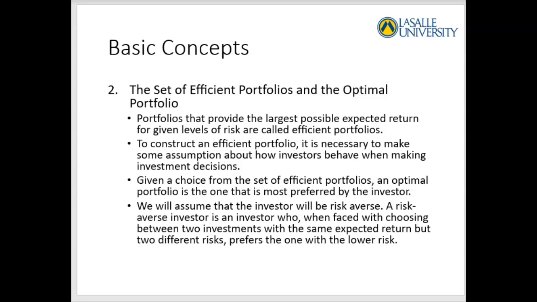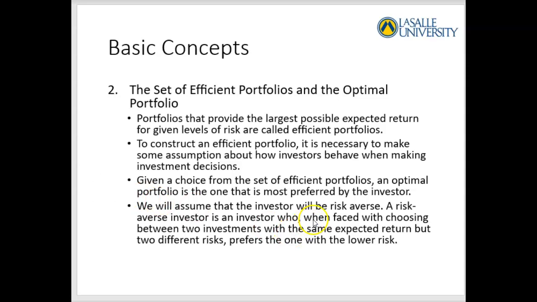So in order to construct an efficient portfolio, it's necessary to make some assumptions about how investors behave when making investment decisions. Usually a reasonable assumption is that investors are risk averse, which means that they do not like risk.